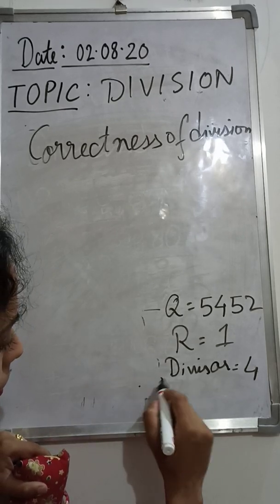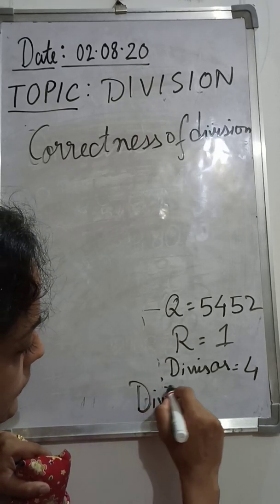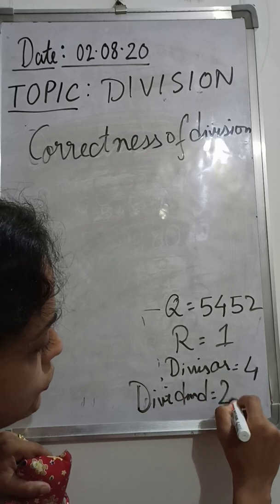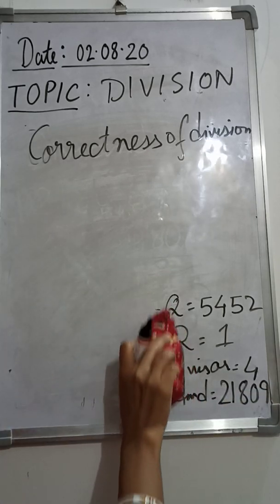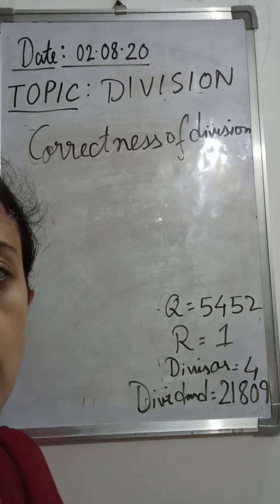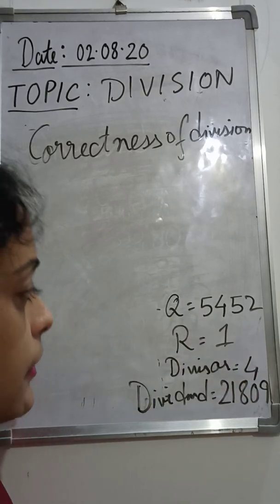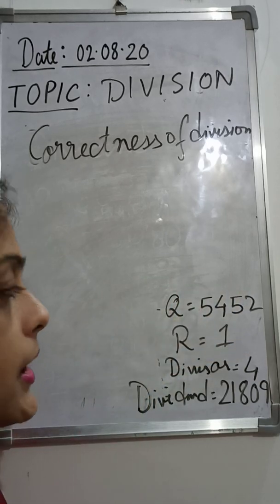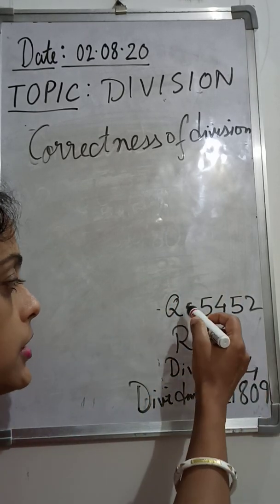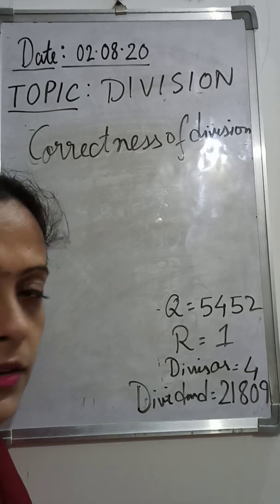Your dividend was 21809. So these are the 4 terms that are related to your division: quotient, remainder, divisor and the dividend.